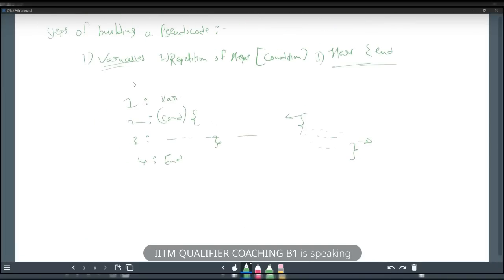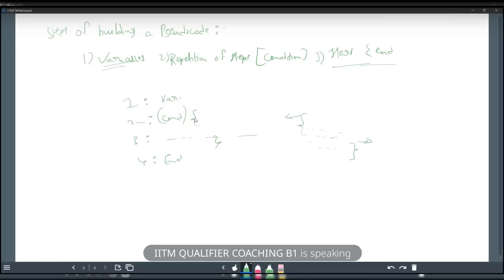First thing is we need to initialize the pseudocode by declaring variables, and then we need to repeat the steps which come under a particular condition when satisfied. The third rule is also an internal part of the second rule, but it plays a very important role.